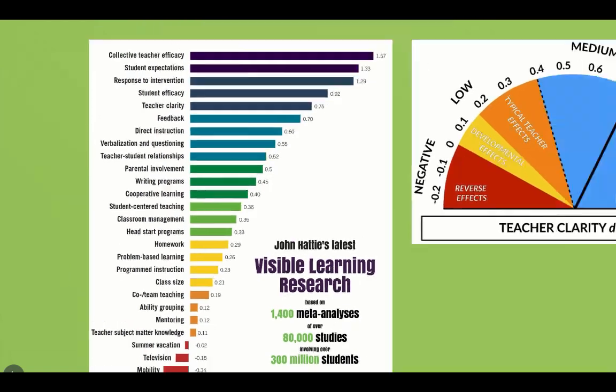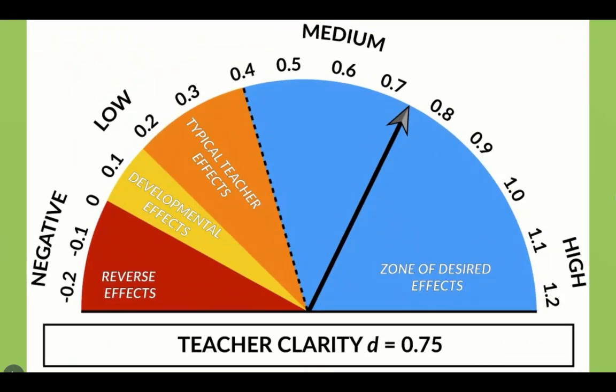And if you don't know what that means, simply go over to this hinge scale, and you can see that effect sizes of 0.4 and higher are considered medium to high, and teacher clarity is considered a high effect size. So when teachers are clear about what students are learning, why they're learning it, and how they're going to know that they've learned it, student learning is increased.